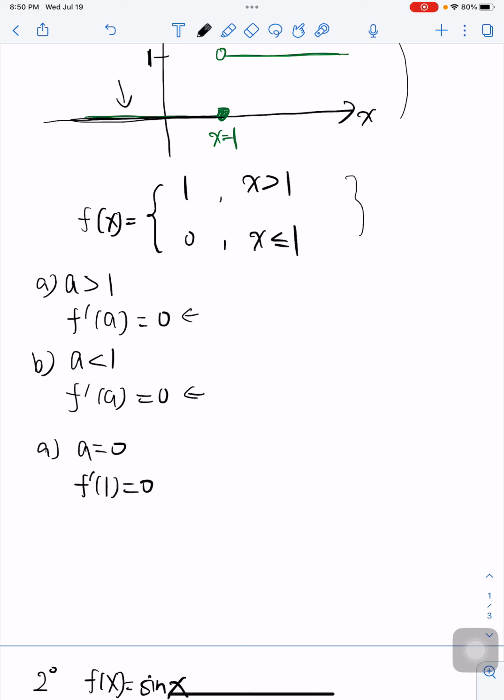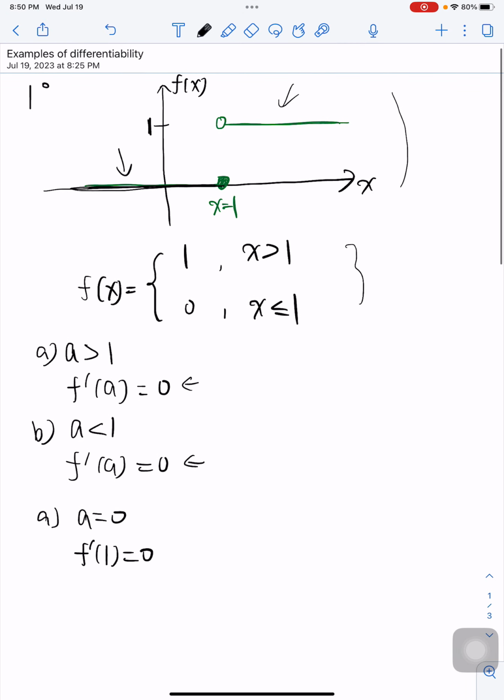Unfortunately, this is incorrect. Notice that when you are trying to figure out the differentiability of a function at a certain point, in addition to checking the right derivative and the left derivative, you also must make sure that the function is continuous at that point.